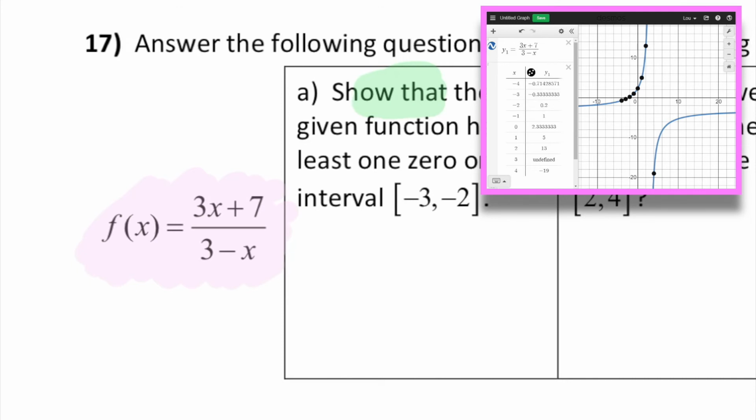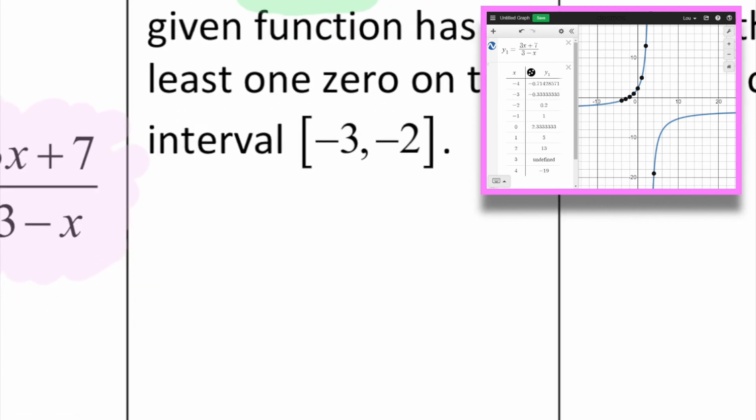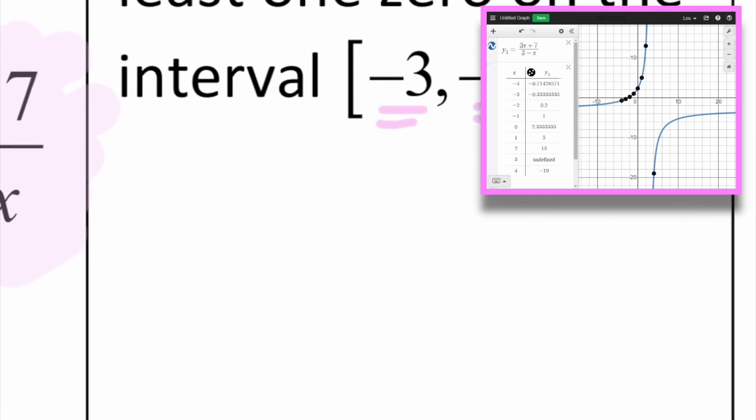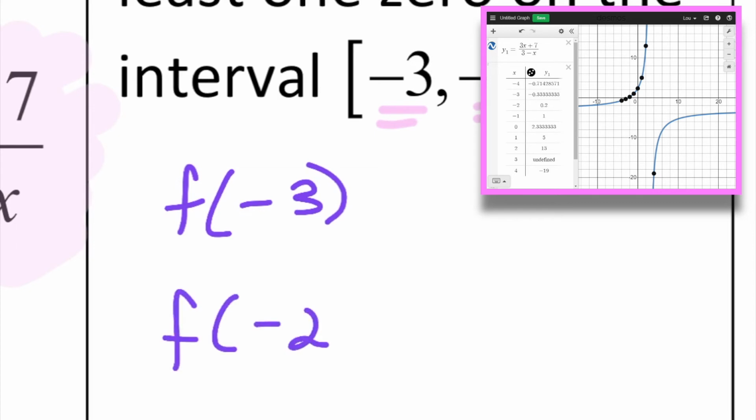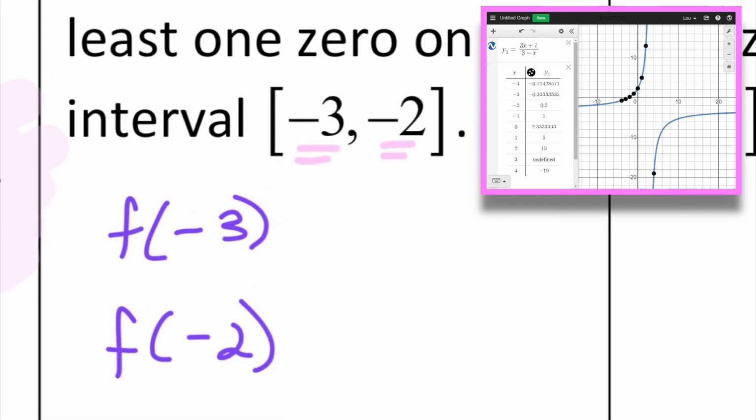So anyway, using the intermediate value theorem, show that the given function has at least one zero on the interval -3 to -2. Remember that these values are always going to be x values, and so what you're looking at in your table is what's the value of f of -3 and what's the value of f of -2. Well, I see in the table that f of -3 is -0.333 repeating. That's negative, so f of -3 is negative. And f of -2 is 0.2.